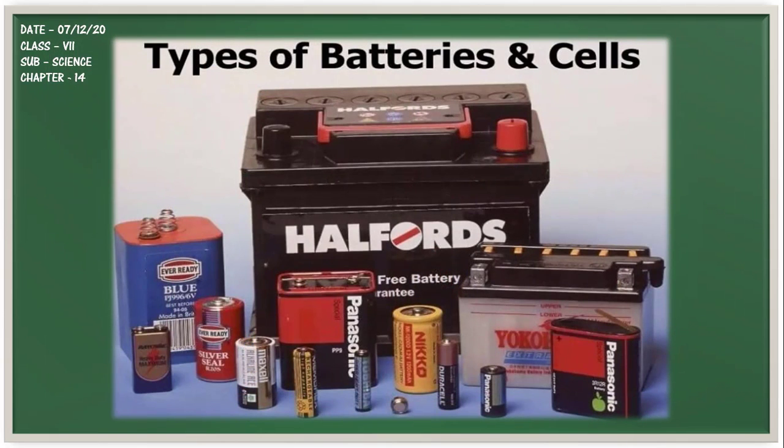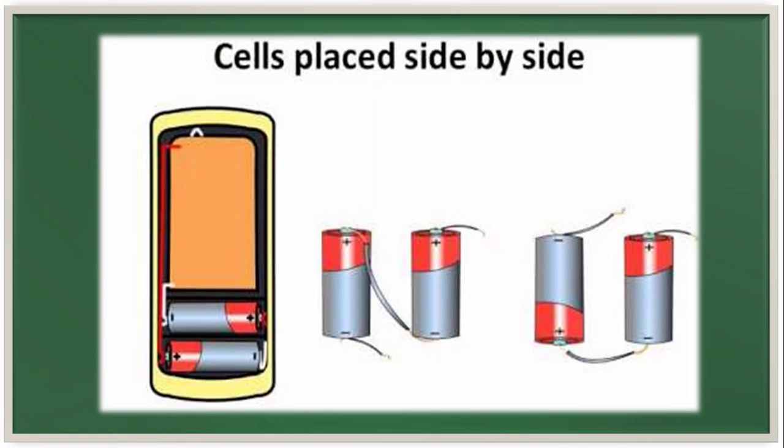A battery is mostly used for heavy duty tasks. It is used in inverters, automobiles, etc. And they are even much costlier as compared to a cell. In a battery, the positive terminal of one cell is connected to the negative terminal of the next cell.